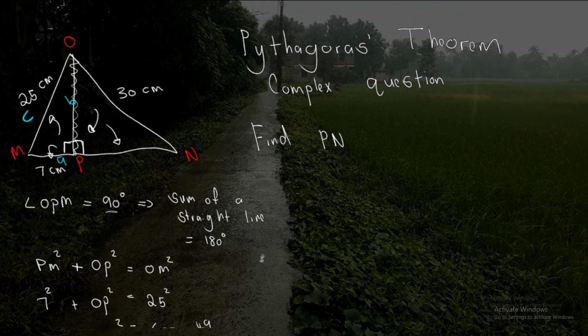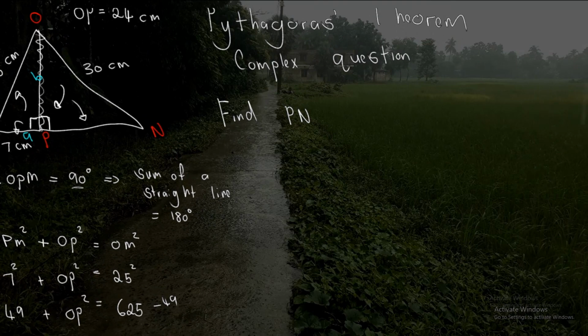So we found that OP is equal to 24 centimeters. Now that we have OP, we can finally calculate PN, right? So I can now say OP squared plus PN squared is equal to ON squared.